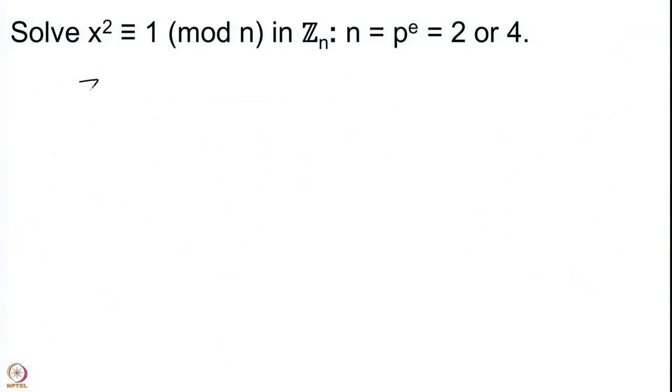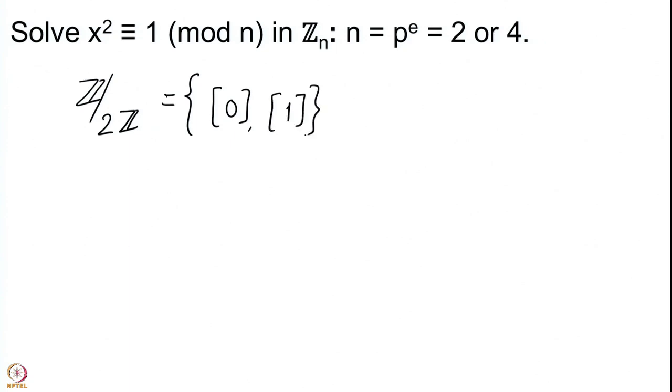So, let us just look at these sets, let us write them down. Here we have this set to be 0 and 1. 0 square is 0, 1 square is 1. So, 1, or what we would say as a congruent to 1 mod 2, is the only solution.